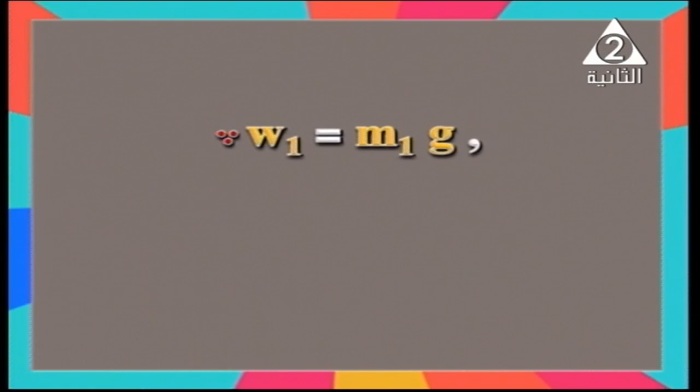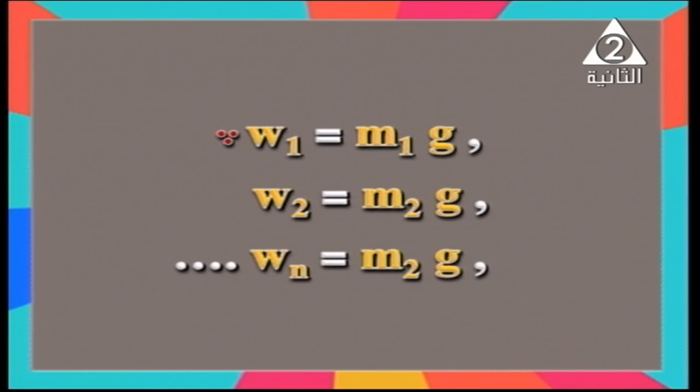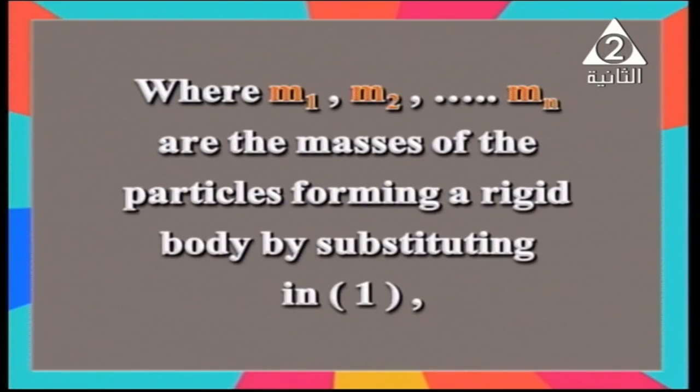We can replace W1 equals M1 g, also W2 equals M2 g, to Wn equals Mn g. Therefore, my dear student, M1, M2, Mn are the masses of the particles forming a raised body.